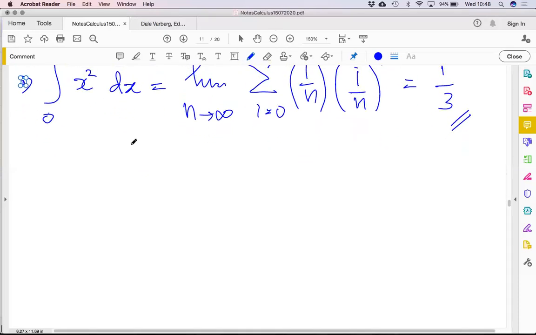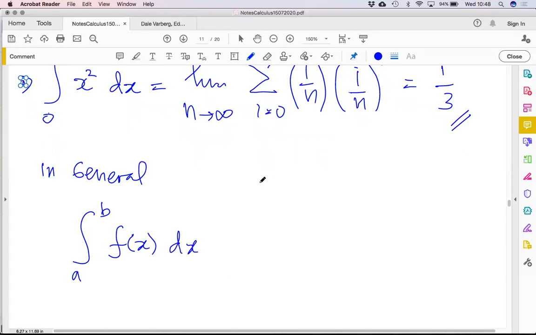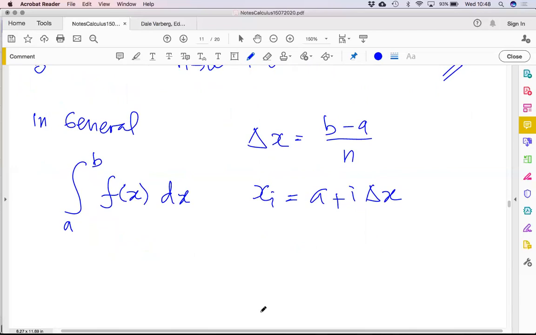So in general, if you have the integral from a until b of f(x) dx, you can determine delta x equal to (b minus a) over n, and then xi is a plus i delta x.